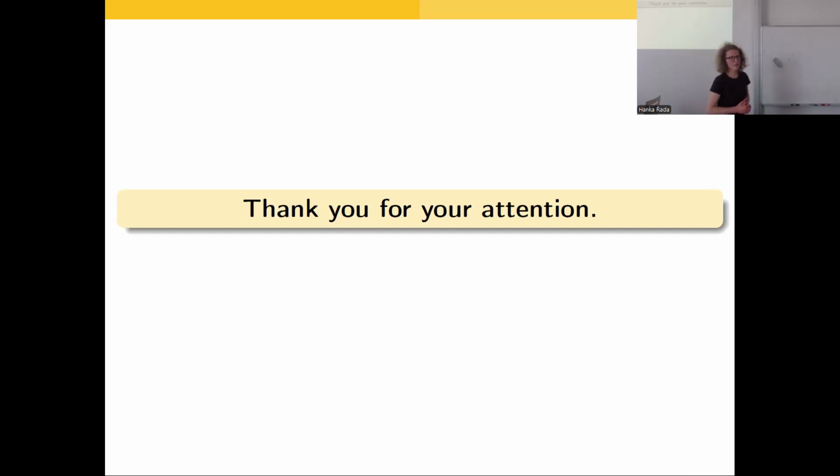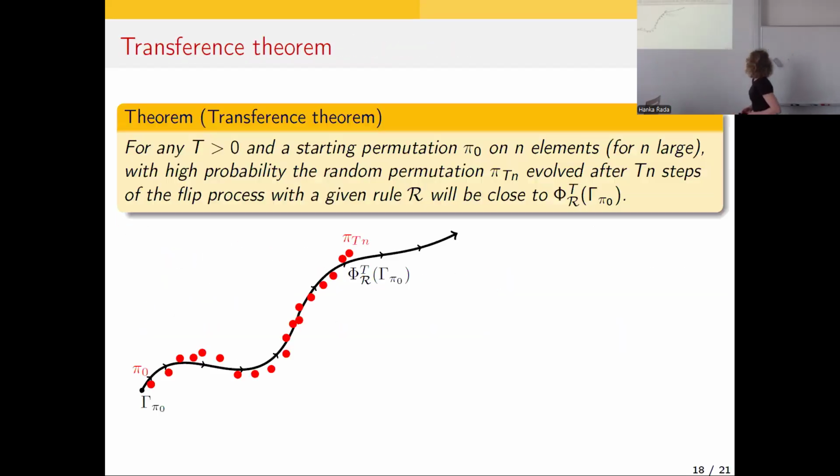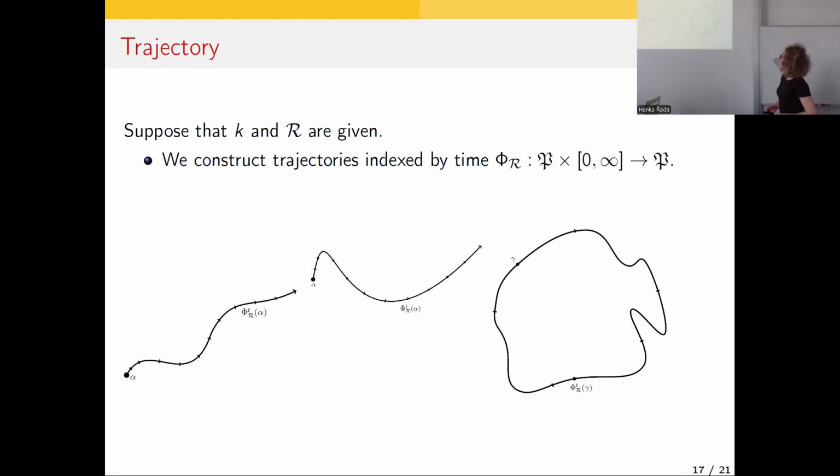I didn't get how, from a process, what do you call it? There was one thing, the function where you have a permuton times something from the unit interval gives you a permuton, right? What is this called? Trajectory. And the processes are those given by the rules. So when you start from a process, how do you get to a trajectory? Because one of them is continuous, the other is really not.